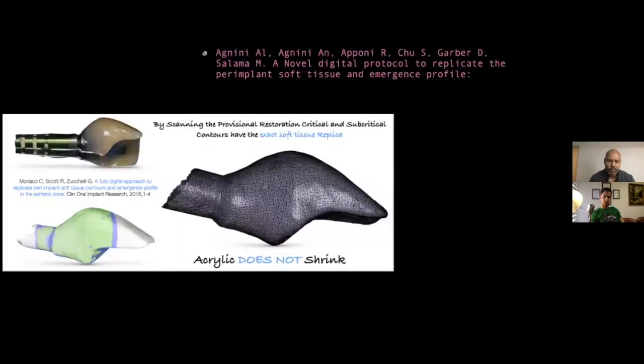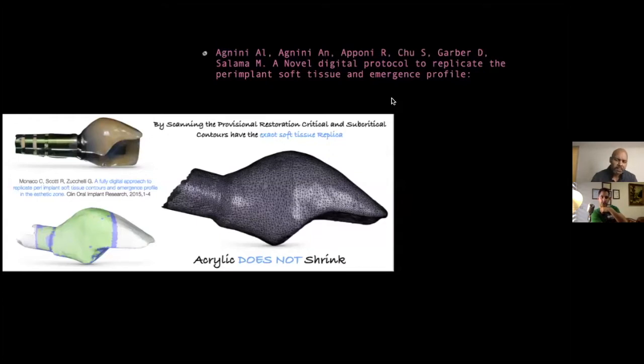So again, we look at what we could do with these provisionals, and we learned that we could scan these provisionals to actually develop our final. Here you see one of the classic papers from Monaco and Zucchelli about scanning the provisional restorations. And again, a technique that was also taught to me and refined through the Agnini brothers with their paper with Steve Chu, Dave Garber, and Maurice.